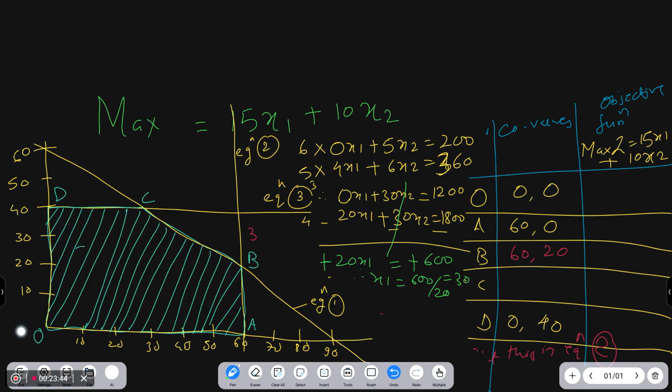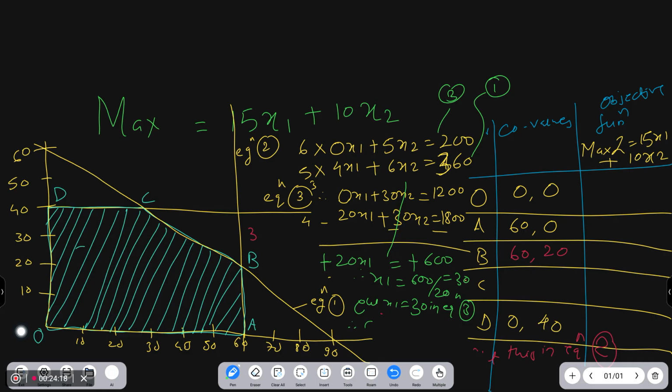Put it in any equation. This is equation number 3, and this is equation number 1. You can put that value in any one. So we will put that value in equation number 3. Put x1 is equal to 30 in equation number 3.